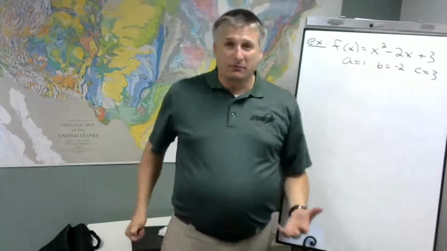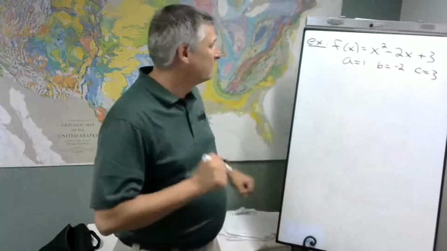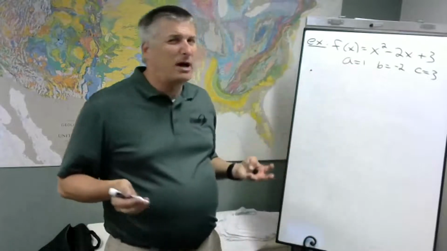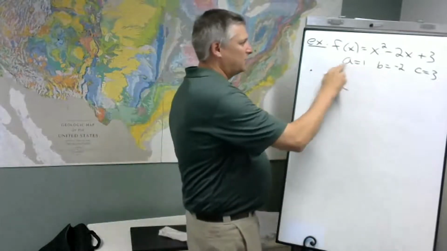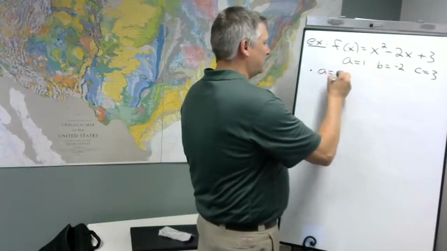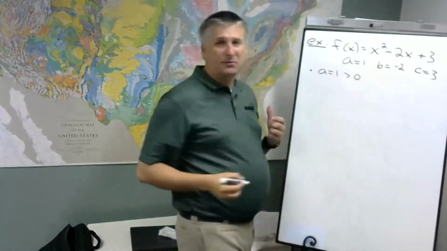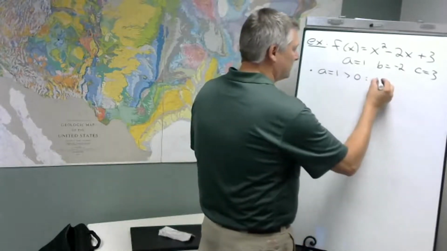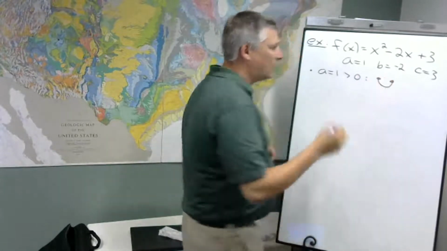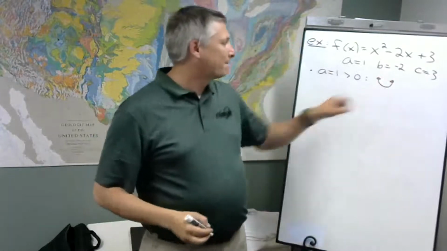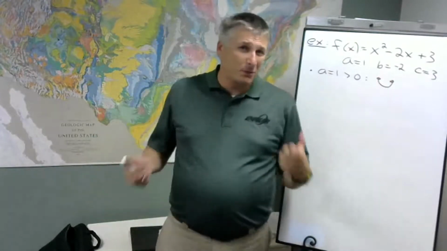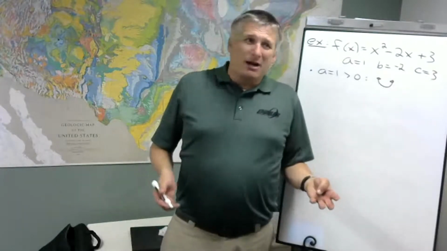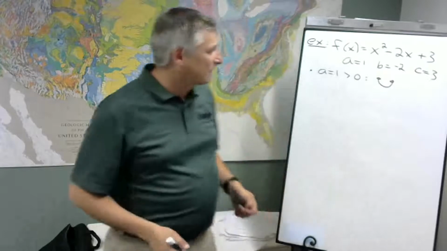These are going to be important for our formulas for vertex. So just as a note, and again, we're going to figure this out by plotting the points, but we can just note that A equals 1. What's greater than 0? It's positive. When A is positive, we have an upward opening parabola. So if we graph our points and we get one that's downward, we want to take a look at our graph, maybe look at kind of the points we got, make sure we did everything correct.